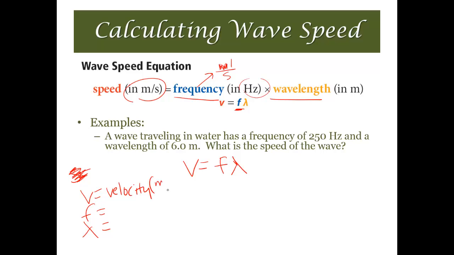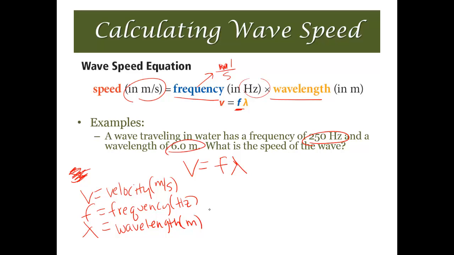Our F stands for our frequency, and that's in hertz. And our lambda stands for our wavelength, which is going to be in meters. Okay? So in this problem, they give us a wave traveling in water that has a frequency of 250 hertz and a wavelength of 6 meters. What is the speed of the wave?